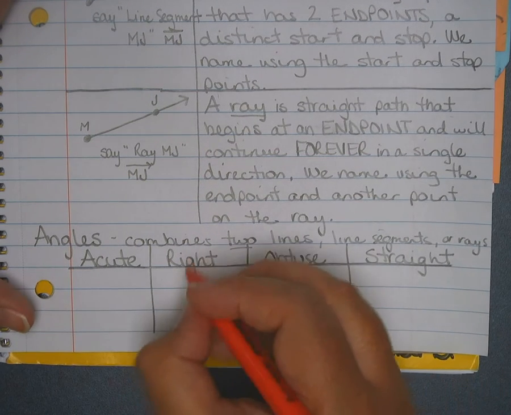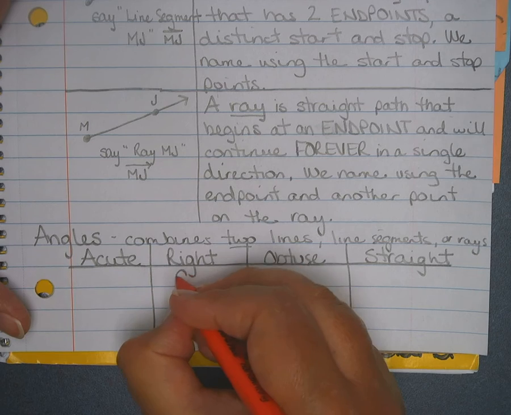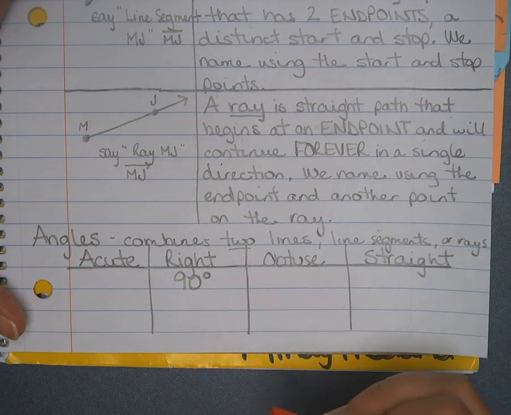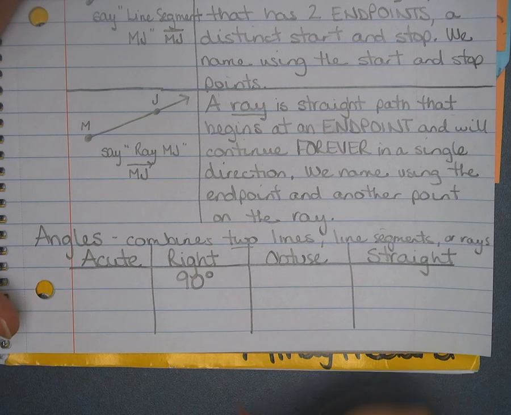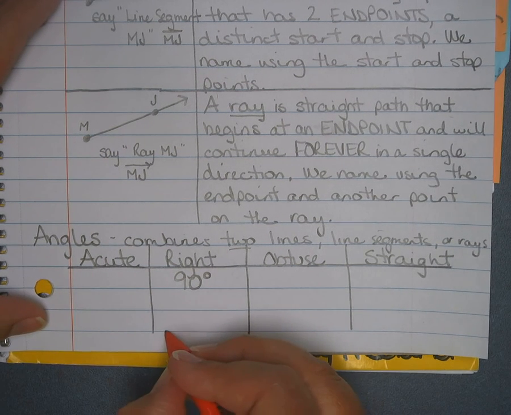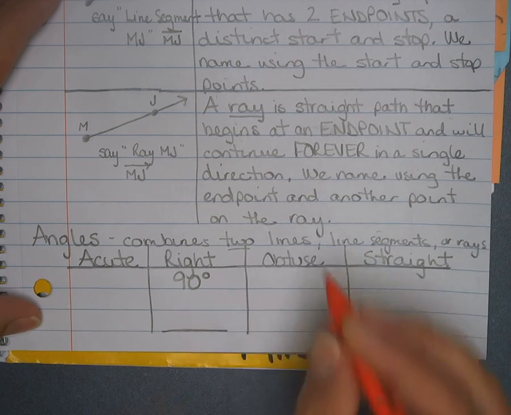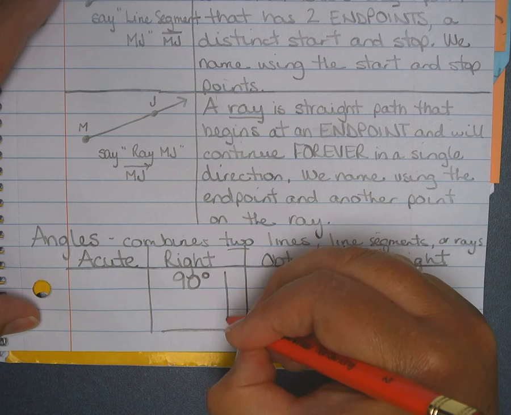A right angle measures exactly 90 degrees. We use that little circle symbol to show degrees. It measures exactly 90 degrees. No more, no less. It is an exact measurement. We often say that it goes straight across side to side, and it goes straight up and down.